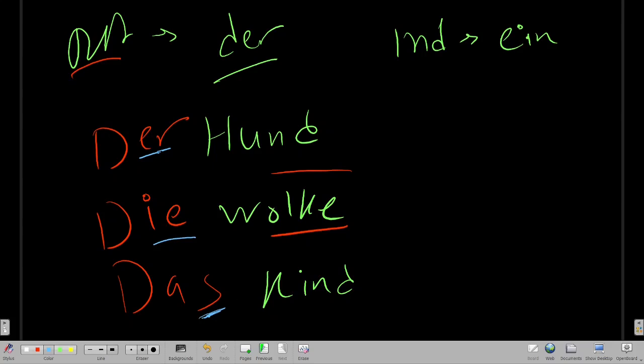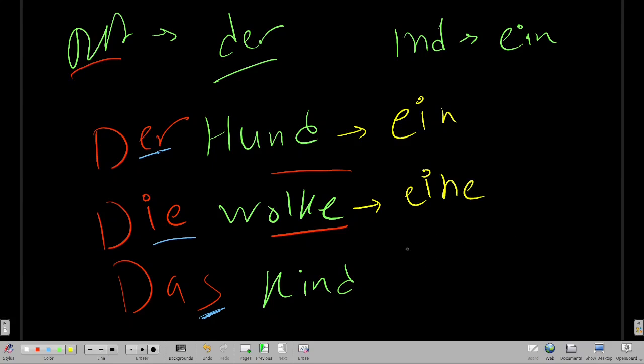Now let's move on to "ein." How would that decline? So for Hund, I'm not going to write it back yet, I'm going to just write it in front of it. For Hund, it would be "ein." Yeah, simple. Okay. I want you to guess for Wolke, the feminine noun. If your guess is "eine," then you're correct.